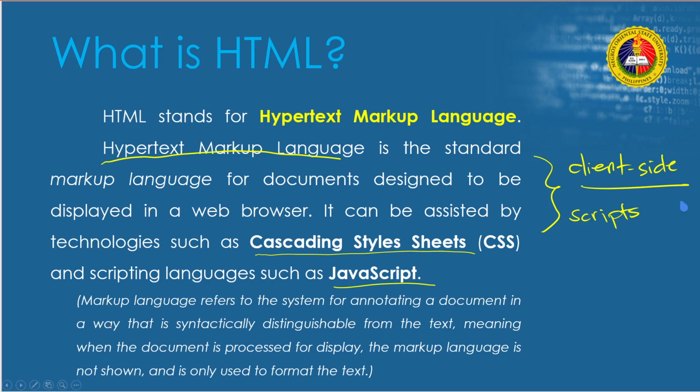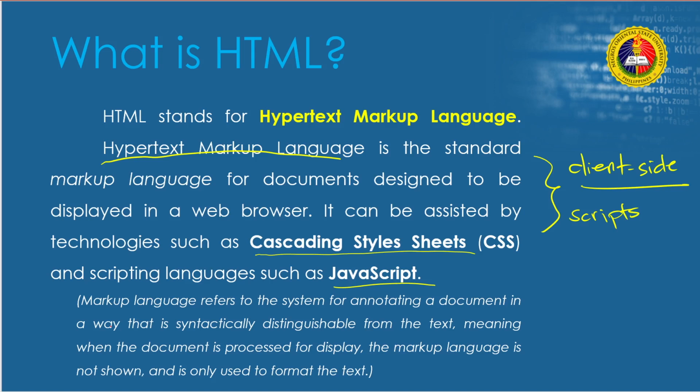Ortega, go ahead. It is the scripting languages that the client side can understand, sir. Okay, that's correct. As the term suggests, client side. This is not a scripting language that will be run on the server, but on the client, which is our browser.